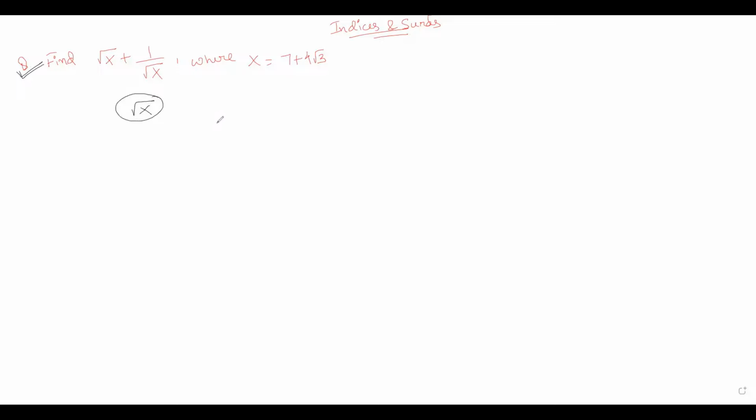So the square root of a surd can be found simply by writing the surd in terms of a square plus b square plus 2ab or minus 2ab form, because a plus b whole square is equal to a square plus 2ab plus b square, and a minus b whole square is equal to a square minus 2ab plus b square.